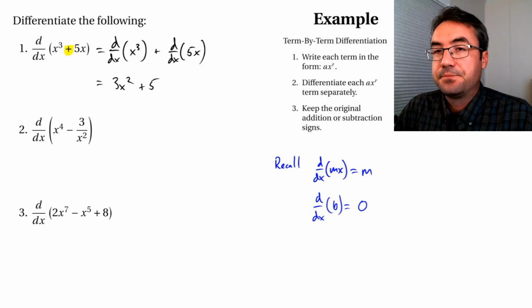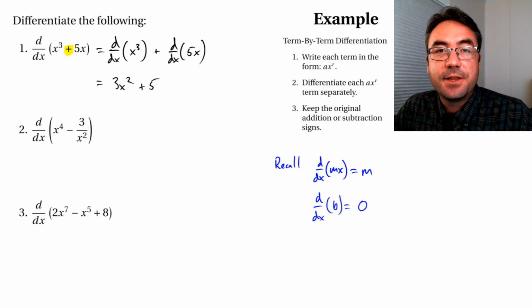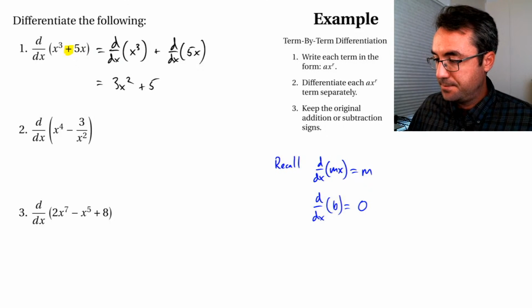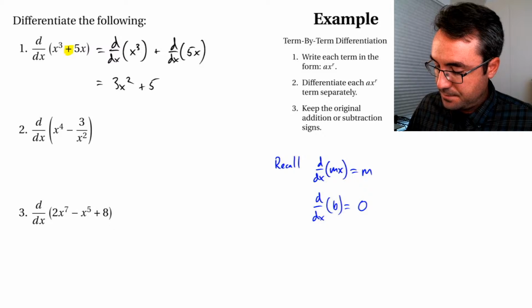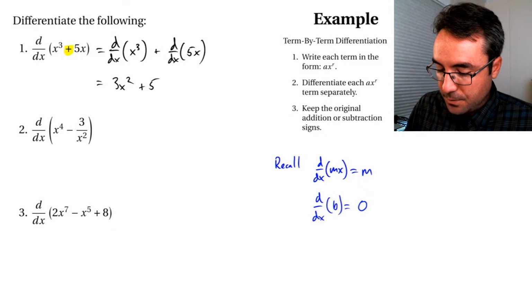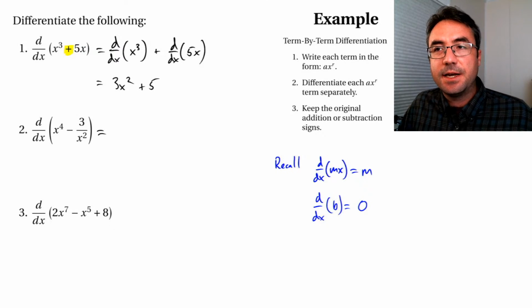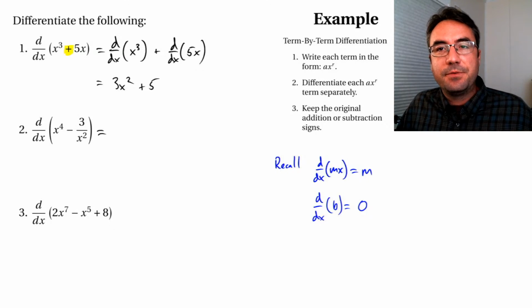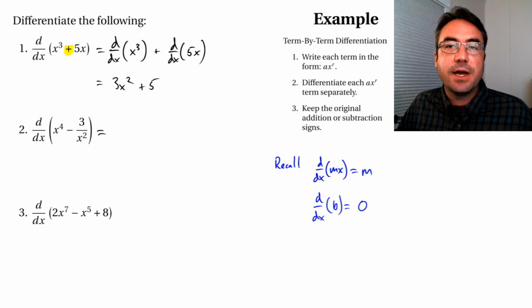Let's try another one. So let's look at x to the power 4 minus 3 over x squared. We want to differentiate that. Now we see subtraction there in the middle. So what the sum rule, or sum or difference rule, tells us is we can split up the derivative wherever we see addition or subtraction.